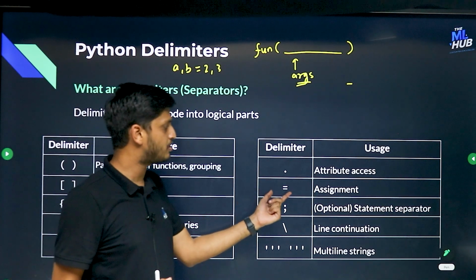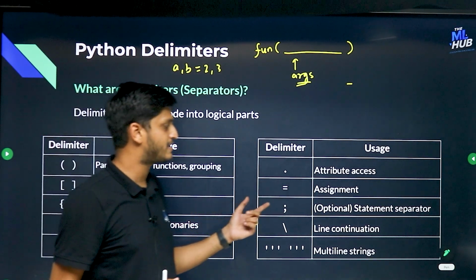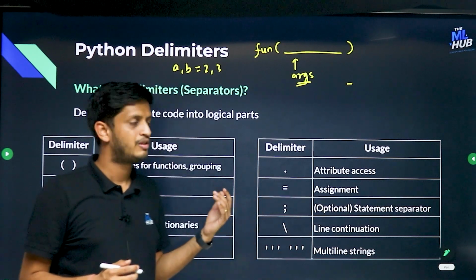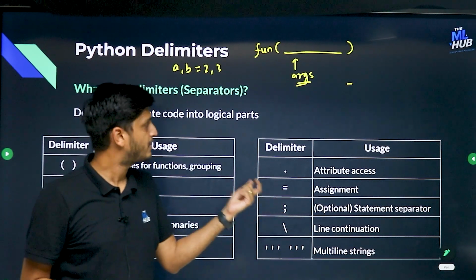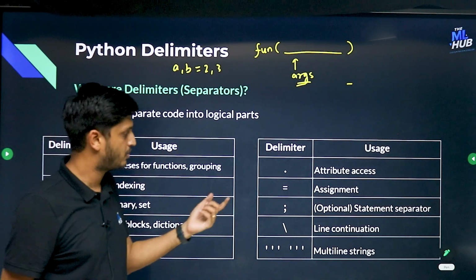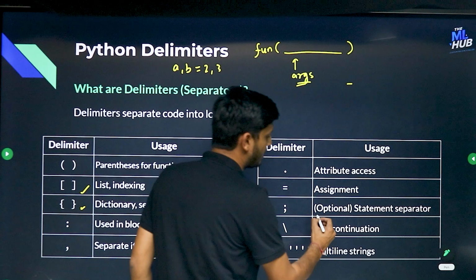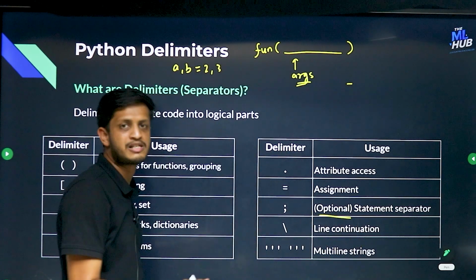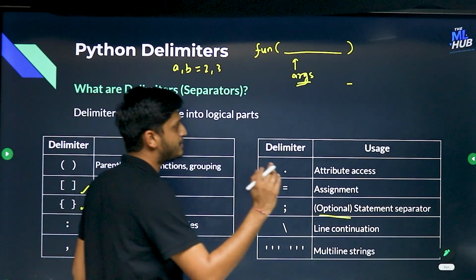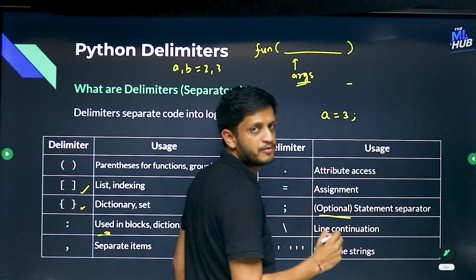Then assignment is also a delimiter. If you want to assign a value, then the equal to sign is actually an operator. It's also a separator. Okay, semicolon is actually optional in the Python programming language. You might actually never use semicolons in Python at all. In the C programming language, you always have to end every statement with a semicolon.